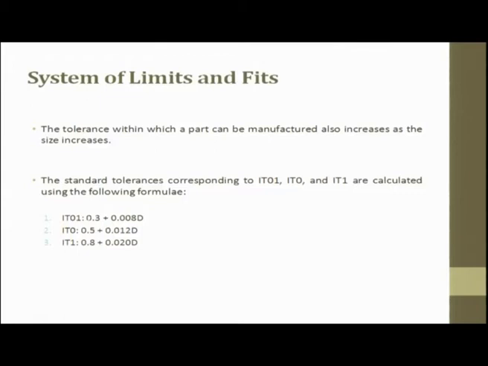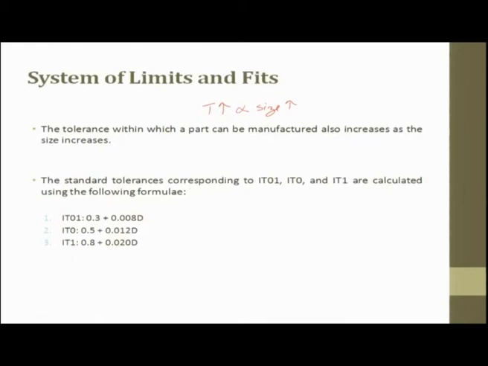The tolerance within which a part can be manufactured also increases as the size increases. Please understand what we are trying to say: tolerance T is directly proportional to size. As and when the size increases, the tolerance also increases.